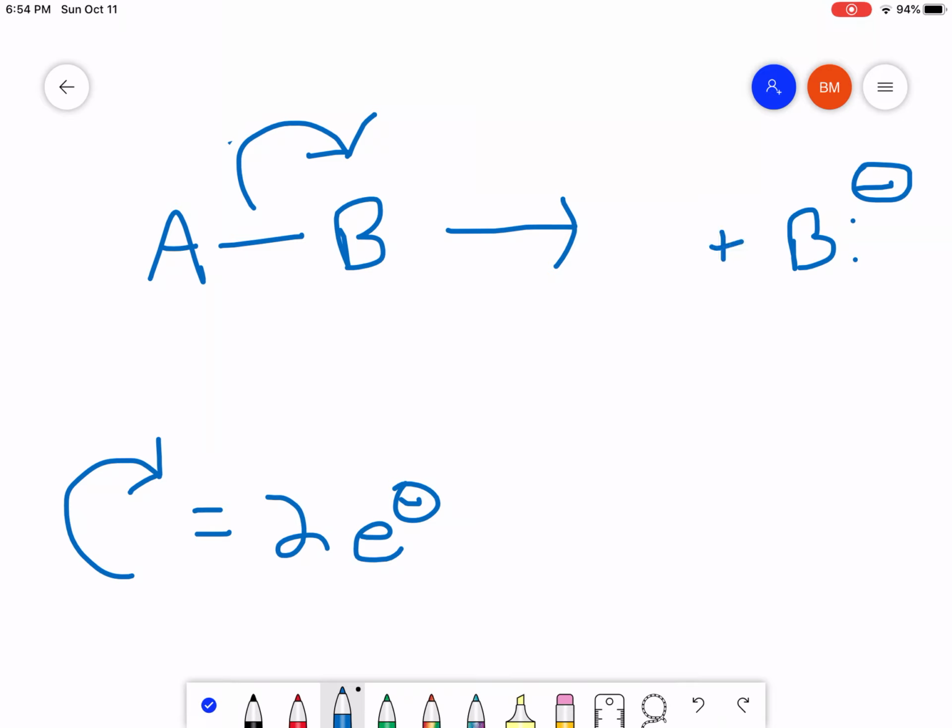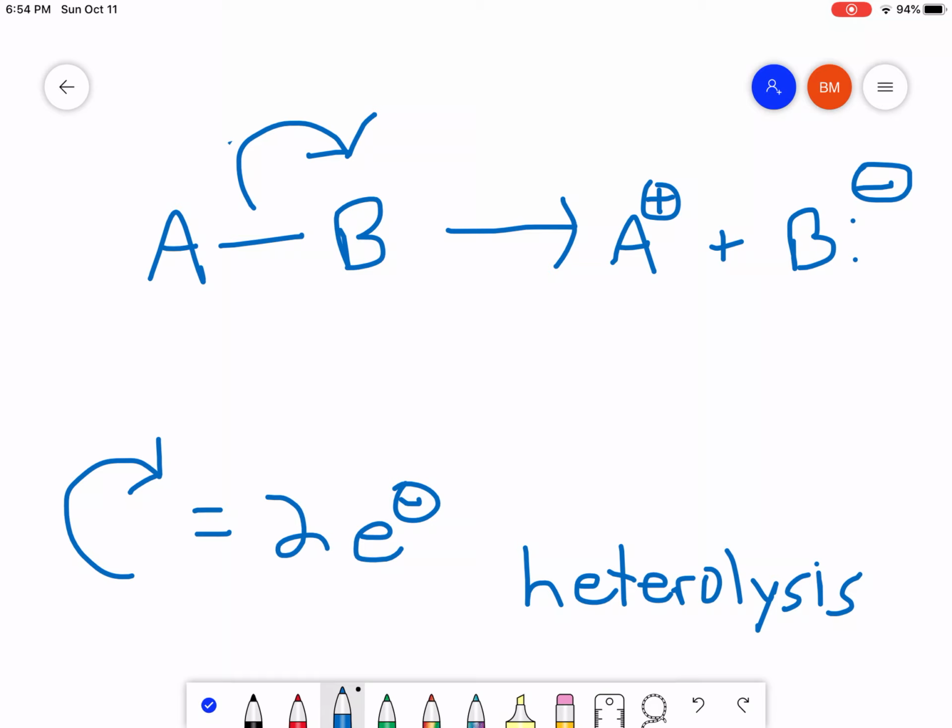Whereas the A was neutral. Now it's losing a whole electron pair. It's going to go positive. This process is called heterolysis. And heterolysis produces ions. A positive ion is called a cation.